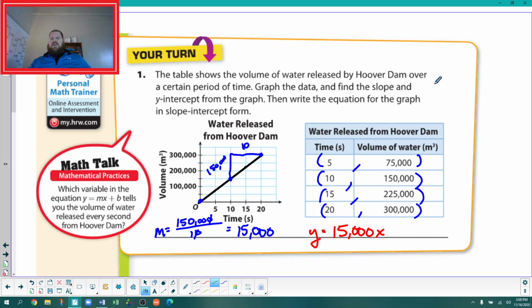Like if I were to find my slope using the 2 points, I would say x1, y1, and x2, y2. And then I'd be going 150,000 minus 75,000 over 10 minus 5.